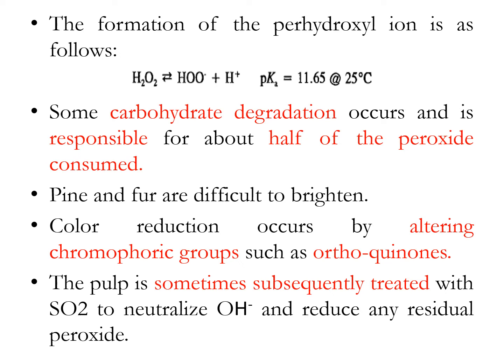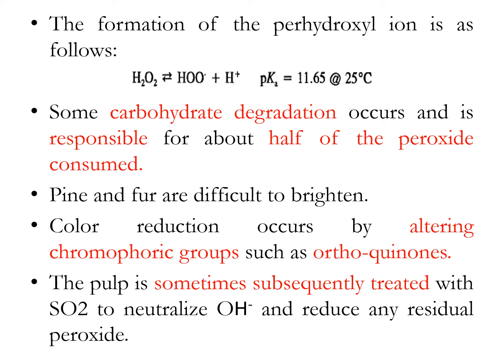Some carbohydrate degradation occurs and is responsible for about half of the peroxide consumed. Okay, the reaction of formation of perhydroxyl ion, you can see at the top, but it produces at the pH level of 11.65. Okay, fine.